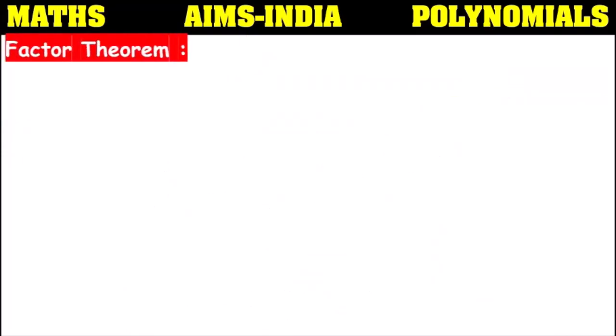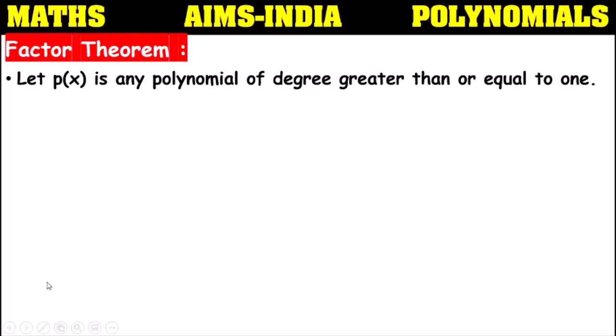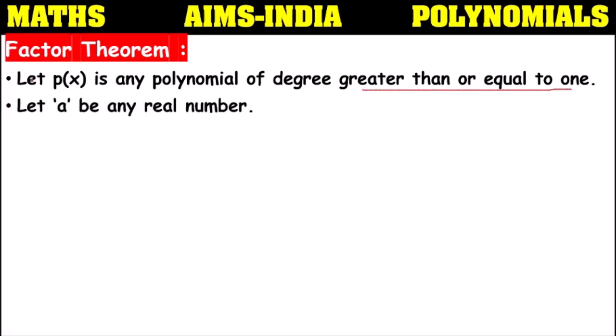Let's learn about the factor theorem in this video. So let p of x be any polynomial of degree greater than or equal to 1. So p of x is a polynomial whose degree is greater than or equal to 1.